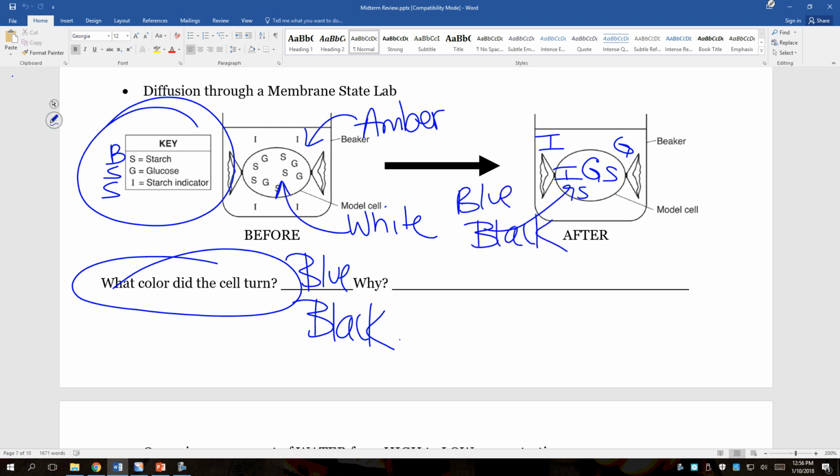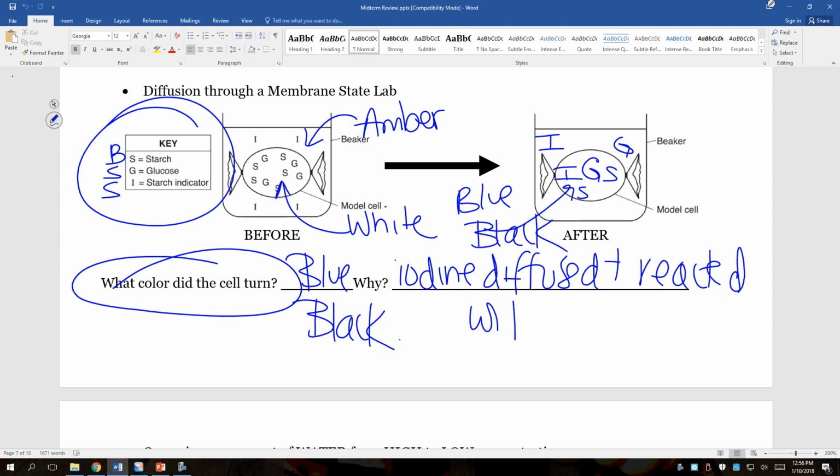And then it says, why did this happen? This is because iodine diffused in and reacted with the starch. Remember, a chemical reaction occurred here. And that chemical reaction between iodine and starch is what caused that blue-black color.